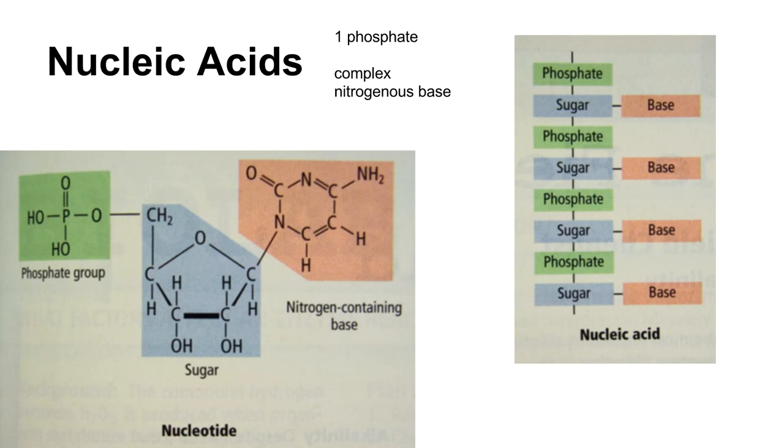But we are talking about the average size messenger RNA being at least 1,200 nucleotides, 1,200 of these put together. So when we look at a nucleic acid, these sugars and phosphates make the backbone, and the bases hang off as letters of the code.